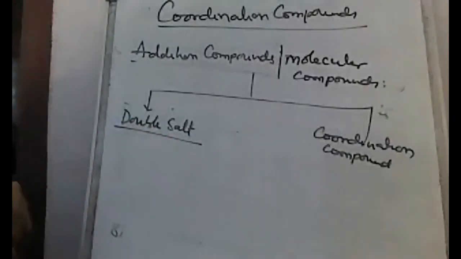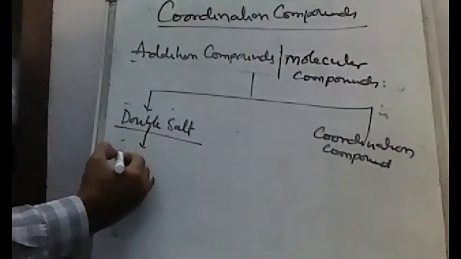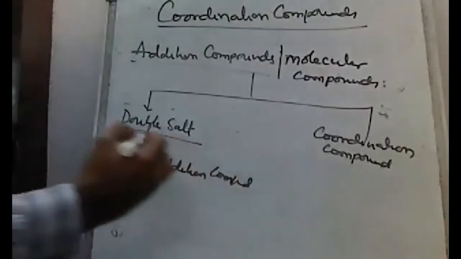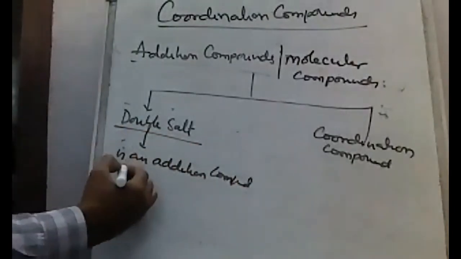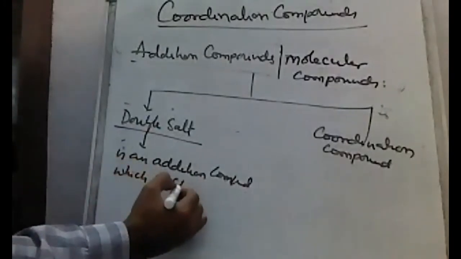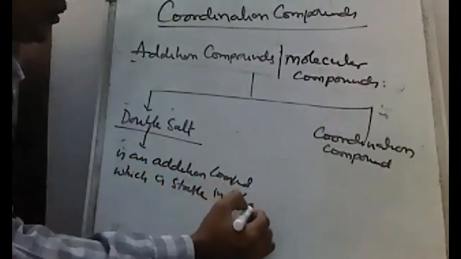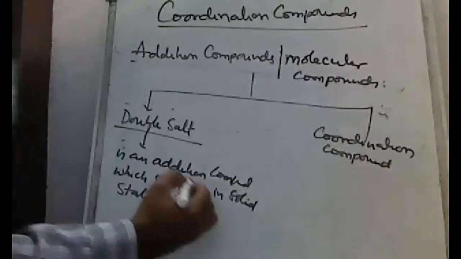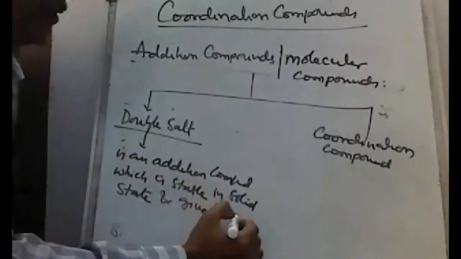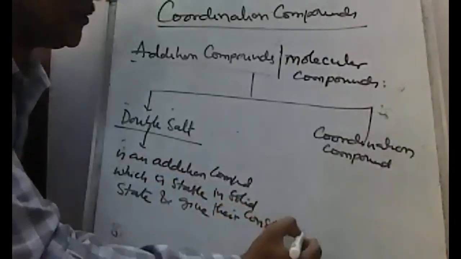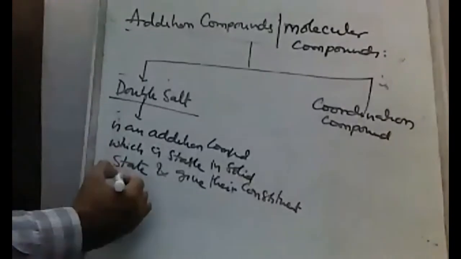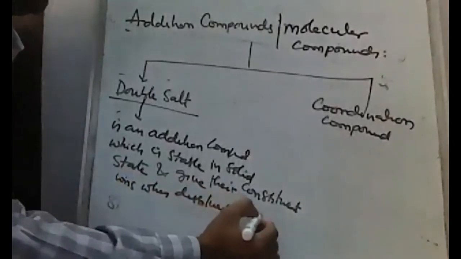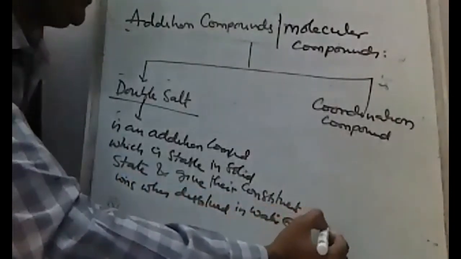Double salt is an addition compound which is stable in solid state, and gives its constituent ions when dissolved in water or in any ionic solvent.